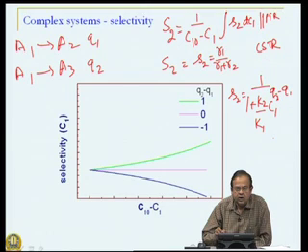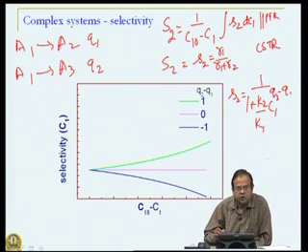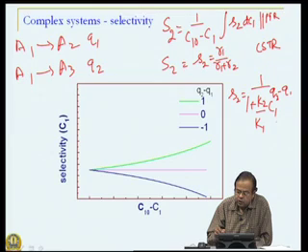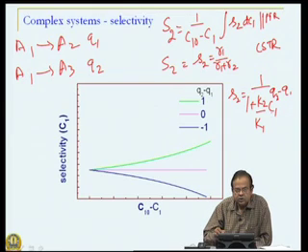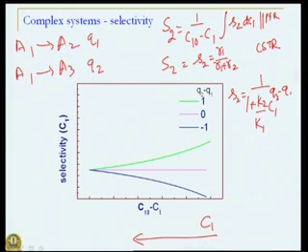Let us consider a case where Q2 is greater than Q1. Okay. That means the second reaction order is higher than the first reaction order. If that is the case, then Q2 minus Q1 is positive. So, as C1 increases, the selectivity should decrease, and C1 increase in our case is in this direction, because this is C1 0 minus C1.